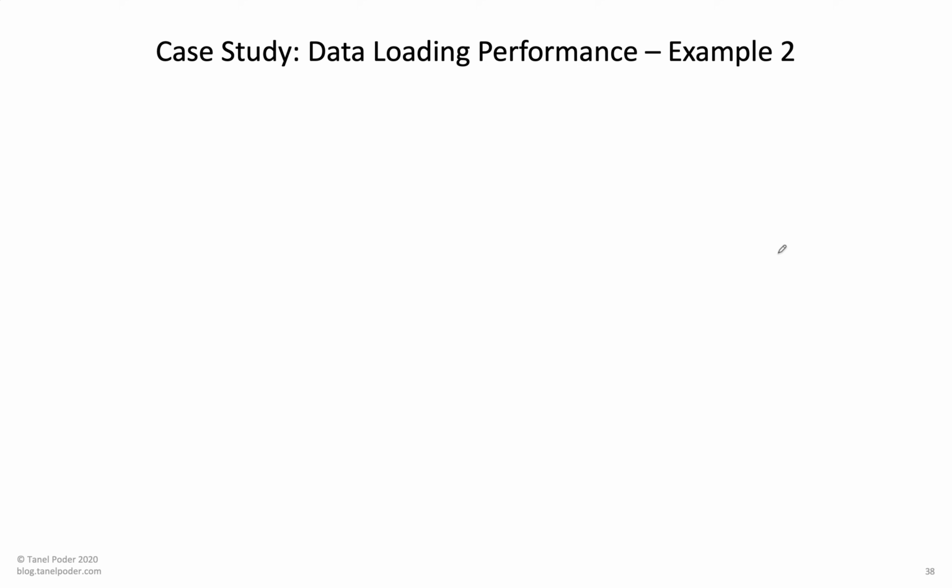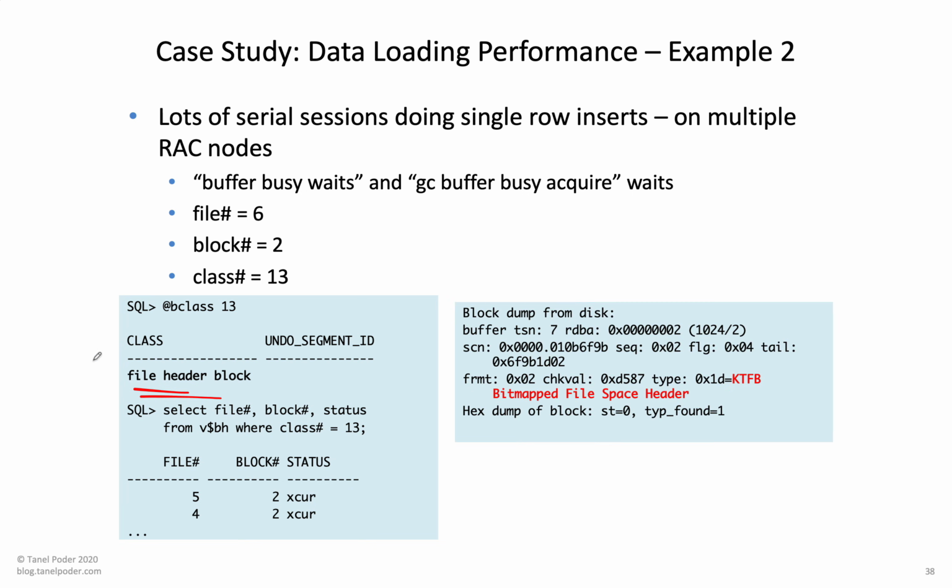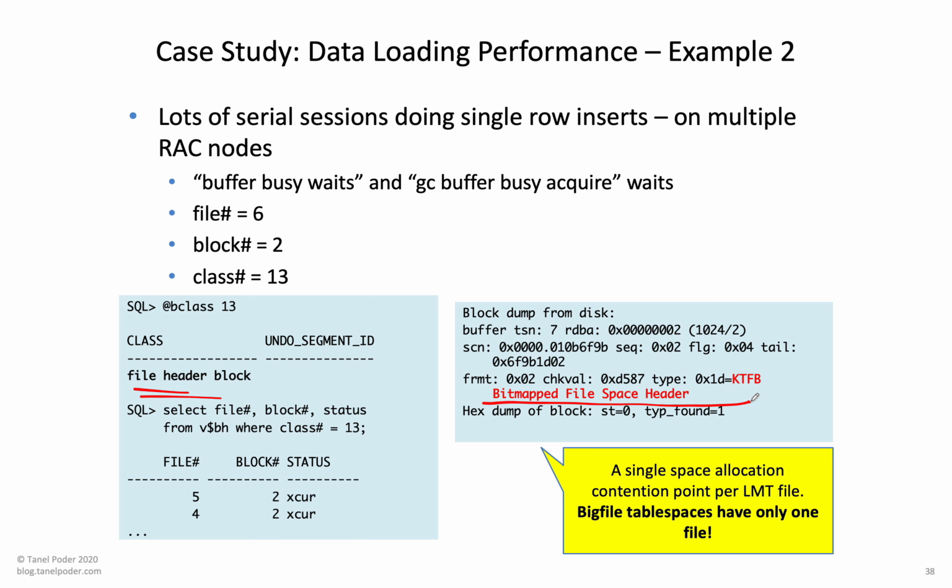If I look into that, it was actually a file header block, but this is not the actual file header. It's not block number 1. It's block number 2. This is the LMT bitmap file space header. That's the entry point into the LMT data structure for space management in a file, right?